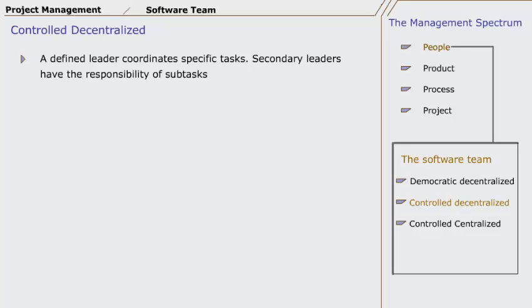Problems are solved by the group discussion, but implementation of solutions is partitioned among subgroups by the team leader. Both horizontal and vertical communication takes place in such case. Subgroups communicate horizontally and the secondary leaders communicate with the team leader.